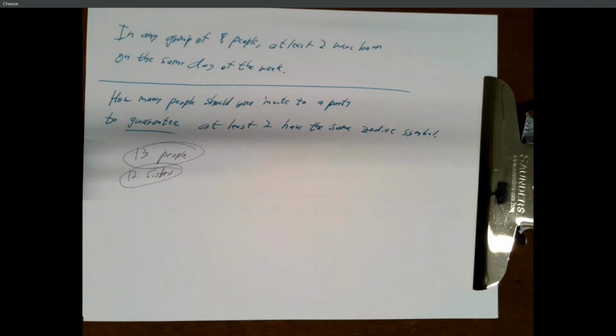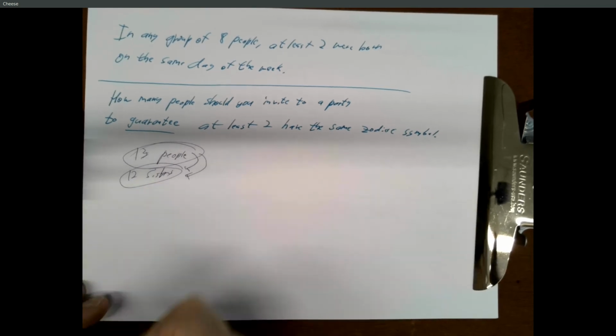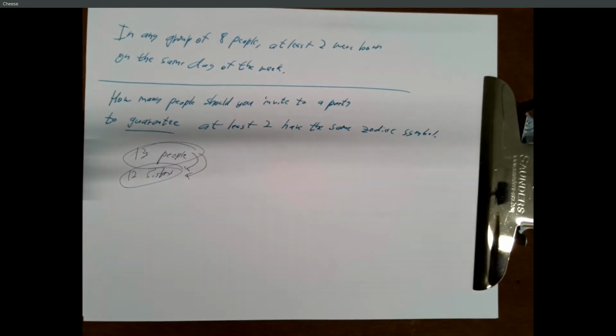At least one bucket's going to have 2 objects, which means 2 people will have the same sign. So if you invite 13, you're guaranteed at least 2 people share the same zodiac sign. So that's your answer. All right, making sense?